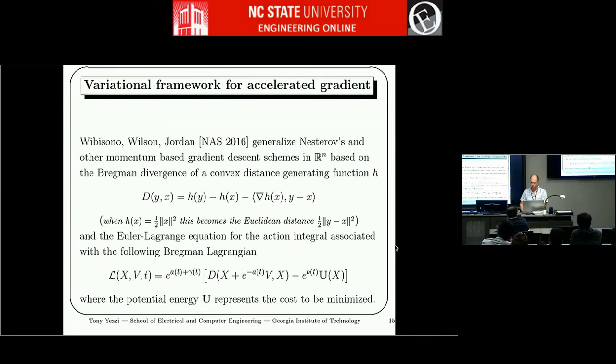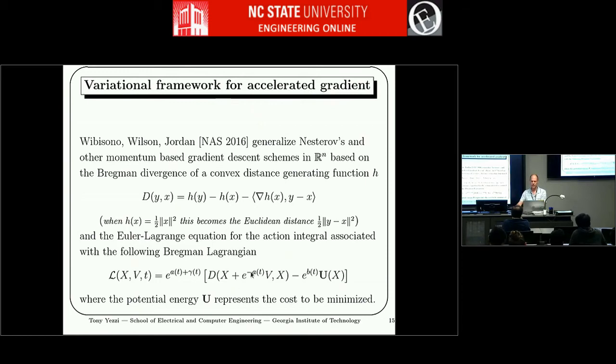The more important point is that in the context of this kind of Bregman divergence, you could come up with a Lagrangian and show that all of these momentum-based gradient descent techniques, including Nesterov as a special case, were simply particular discretizations of the ODE that came out as the Euler-Lagrange equation of this type of action.